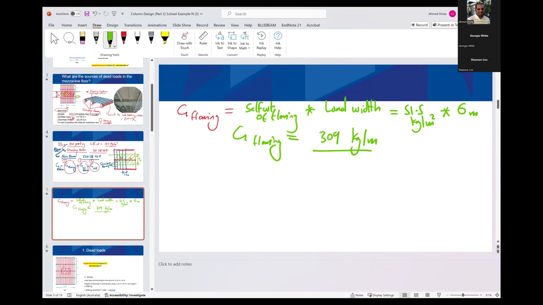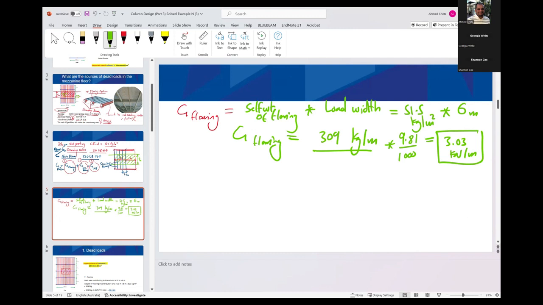So this is in kilograms. How can we convert it to kilonewton per meter? Times it by 9.8 and divide by 1,000. So this will be 3.03 kilonewton per meter. So this is the self weight of the flooring.